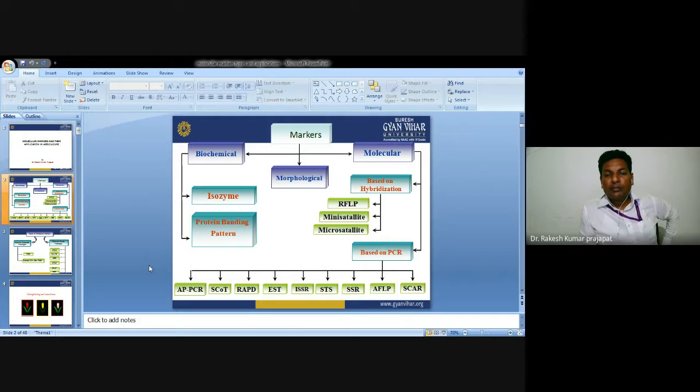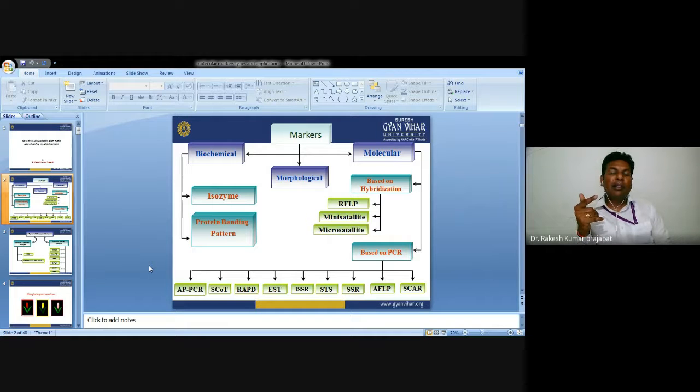Similarly, morphological markers. Morphological itself indicates morphology, meaning plant morphology: plant height, flower color, pod shape, pod size, seed color, seed weight, the morphological appearance and growing habit of the plants. All these traits act as morphological markers.